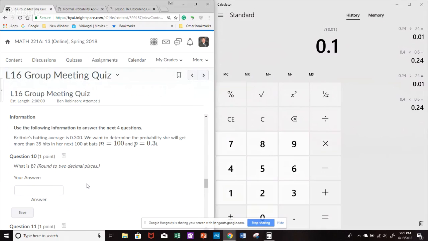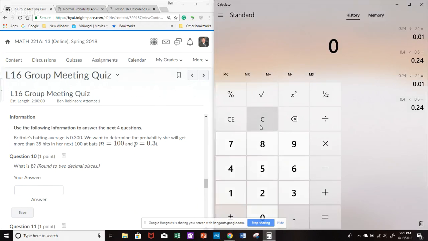If we divide the 35 hits, which is x, by n, it will give us 0.35.